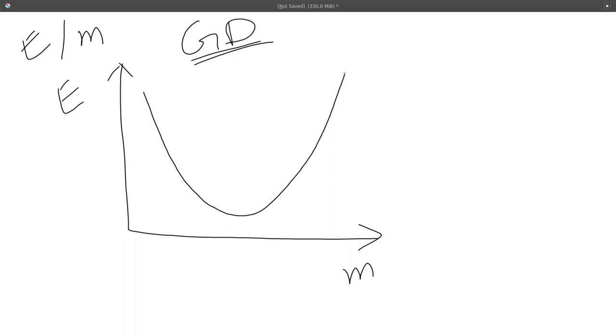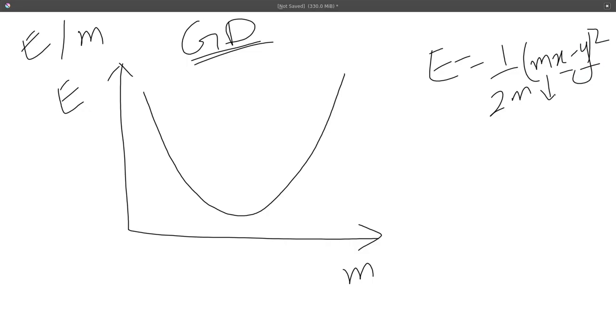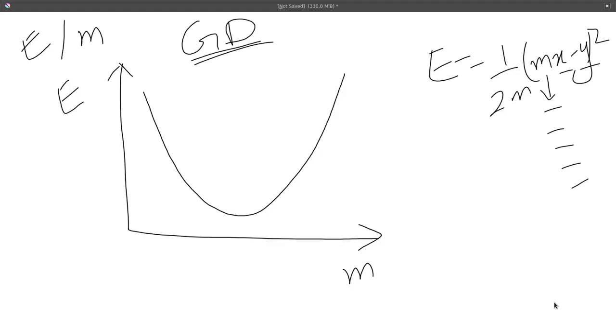So for a given value of m, if we have different values of m, and for that if we could experiment, for example, since e is equal to 1 by 2m (mx minus y) square, we had x and we had y, we didn't know about m, right? So if we go ahead and experiment with different values of m, we'll see that this becomes this shaped curve.